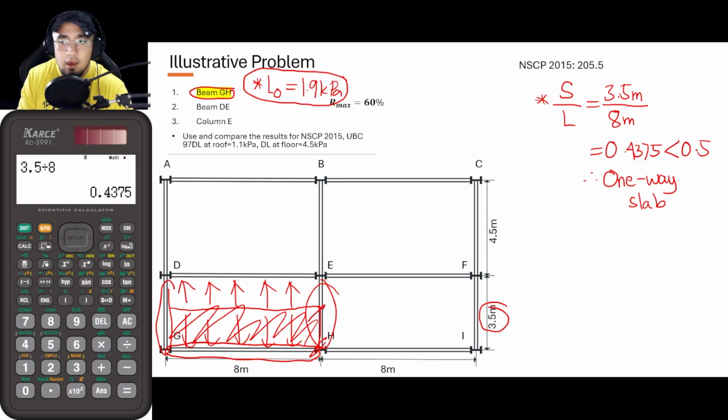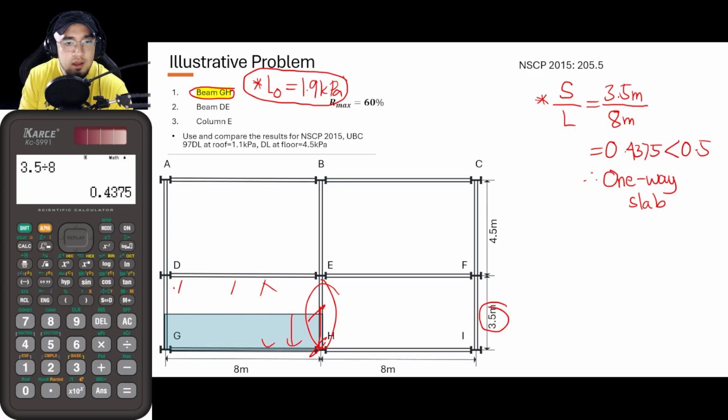From that, it would now look like this. Let me erase this. Since this is a one-way distribution or one-way slab, its tributary area is this shaded area here. This is half of 3.5 meters, and that is 1.75 meters. The long span is 8 meters.